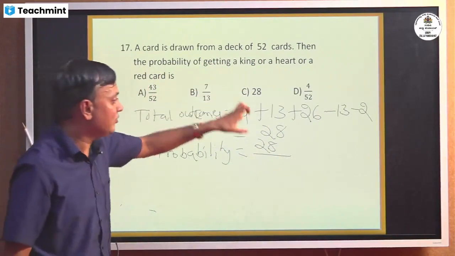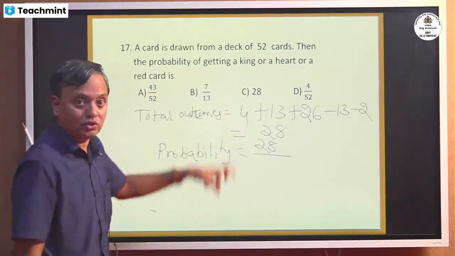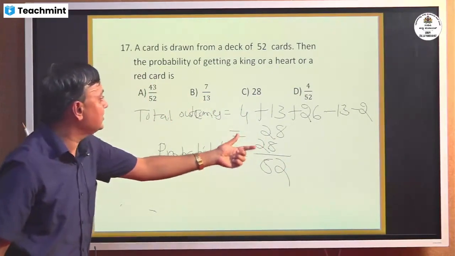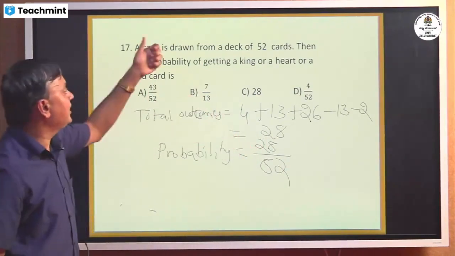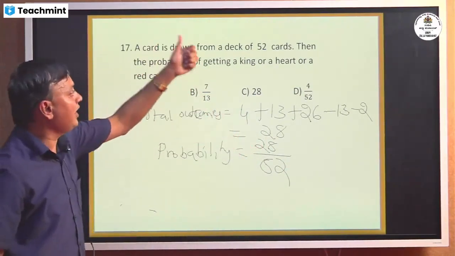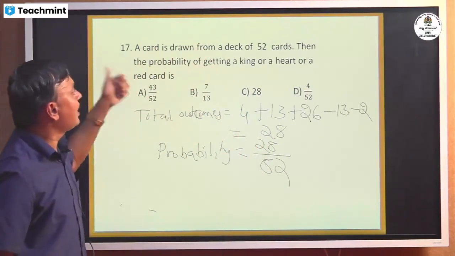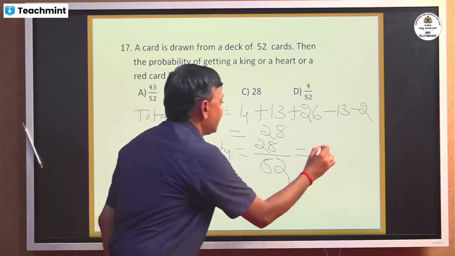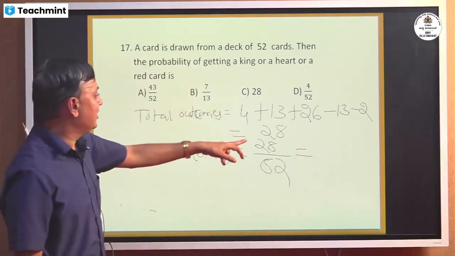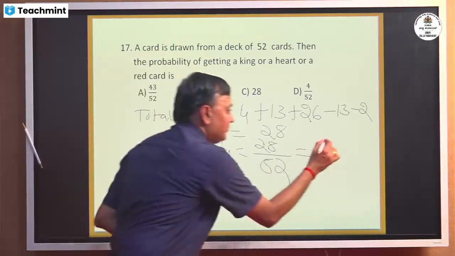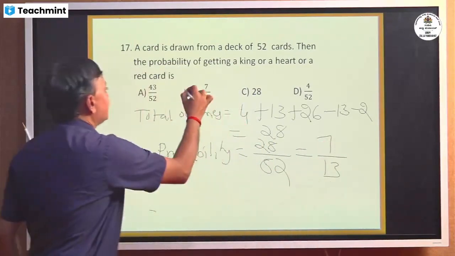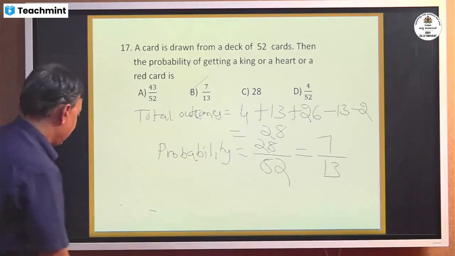So 28 is the number of outcomes of getting either a king or a heart or a red card, and the total is 52. So 28 by 52, our answer is 4 7s are 28 and 4 13s are 52. So the answer is 7 by 13.